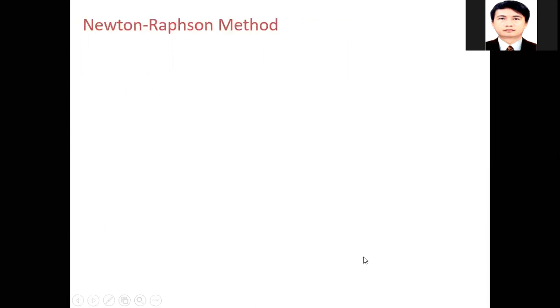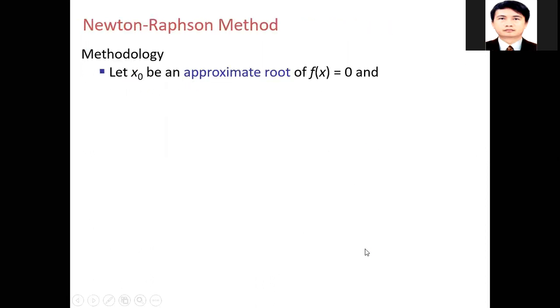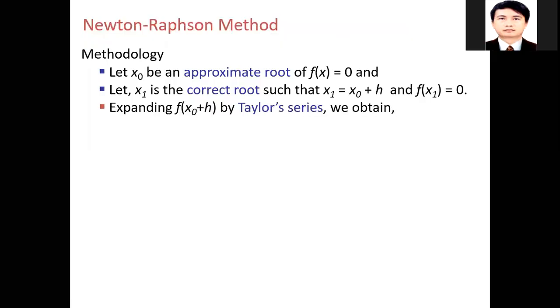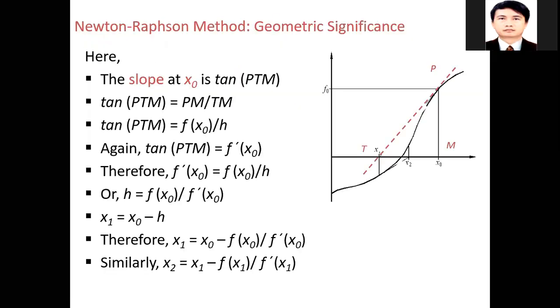You can see here the pattern. So our formula for the Newton-Raphson is x sub n plus 1 is equal to x sub n minus f of x sub n over f prime of x sub n.